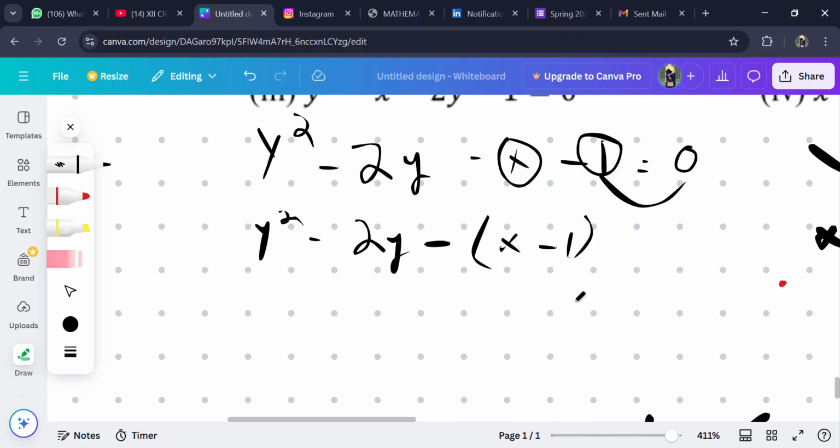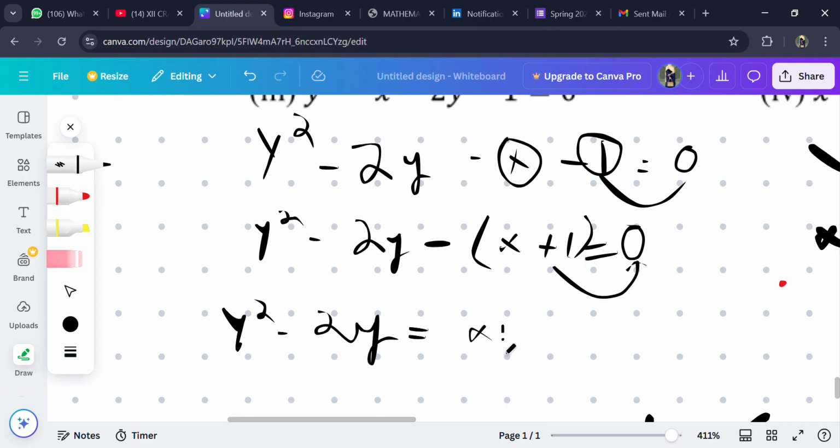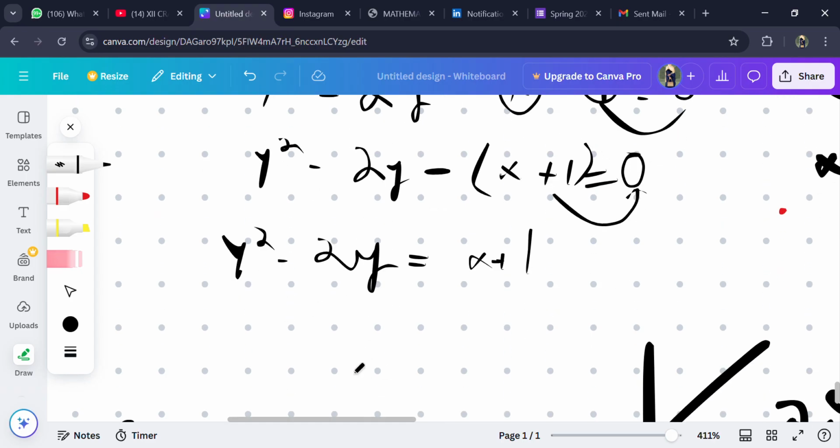Here it is positive, after going there it is negative, after going there it will become positive. So y square minus 2y would be equal to x plus 1. Then again we need simplification. For the simplification we'll take y common, and after taking y common we would have this, that's equal to x plus 1.